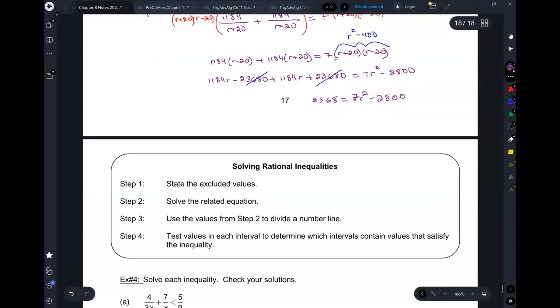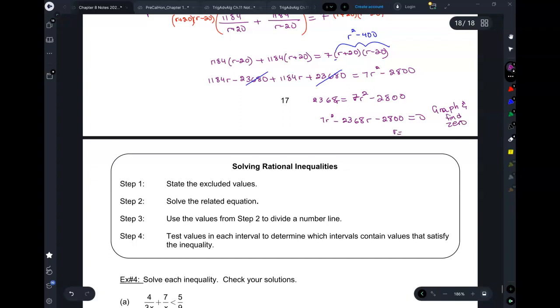All right, bringing everything to the same side. 2368R equals, how would we solve? So here's how we're going to solve it. 2368R minus 2,800 equals 0. Plug it in your calculator. Graph it. Graph and find the 0.